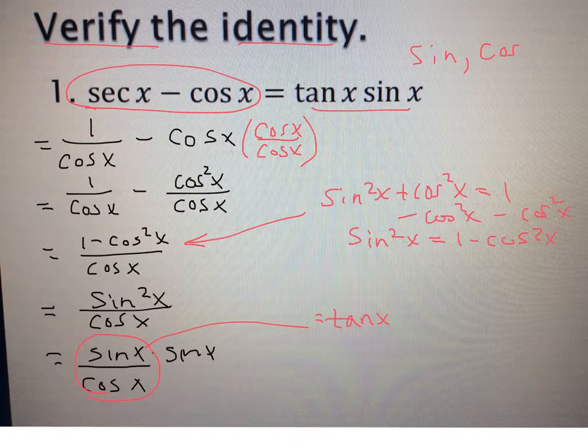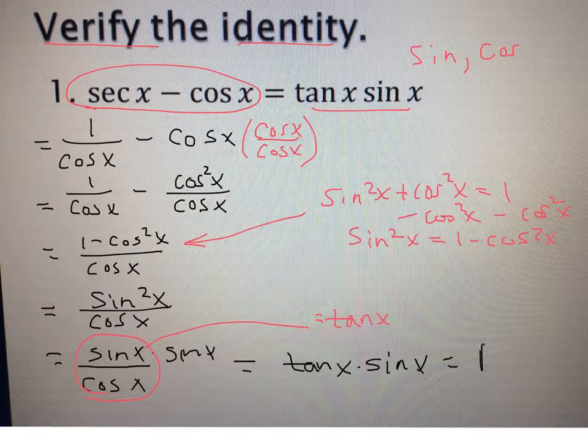That's one of our identities. So I'm going to say, well, this is equal to tangent of x times sine of x. And at that point, our left-hand side has been transformed into our right-hand side, and they're equivalent, so I verified.